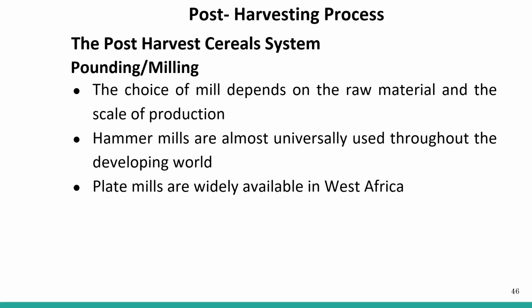Now, the choice of mill. We have three different types of mill: plate mill, hammer mill and roller mill. The choice of mill depends on what type of raw material we have and the scale of production, how much production we require. We can choose the mill accordingly.